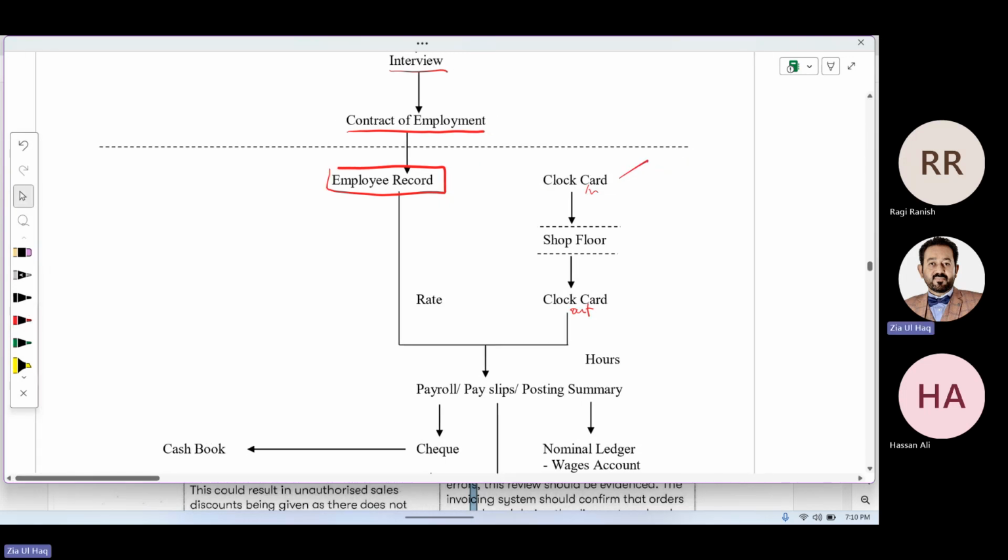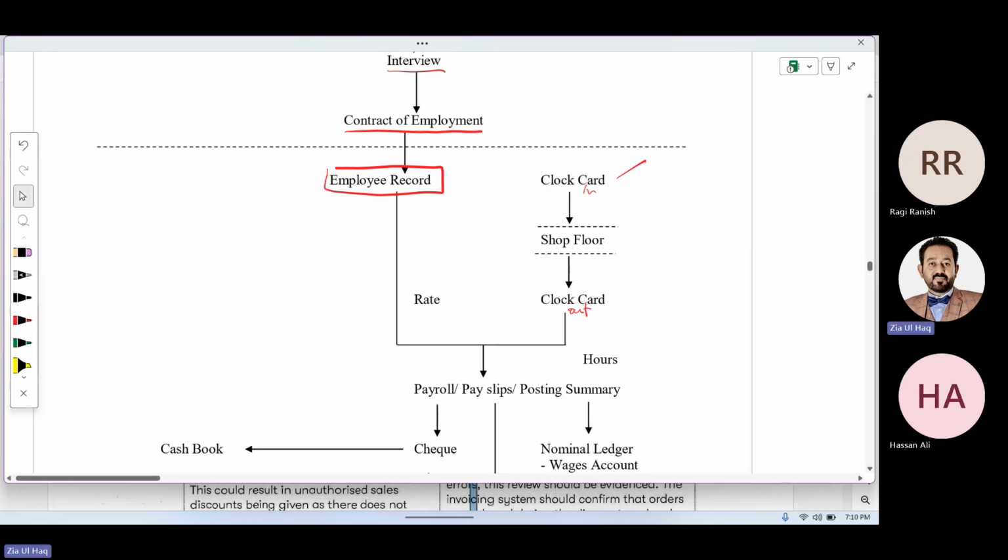From his record, the company will take the rate from this clock card system. The company will generate the hours worked for the month or the week, and by multiplying hours into rate, the company will be able to prepare its payroll. Payroll is now calculated.